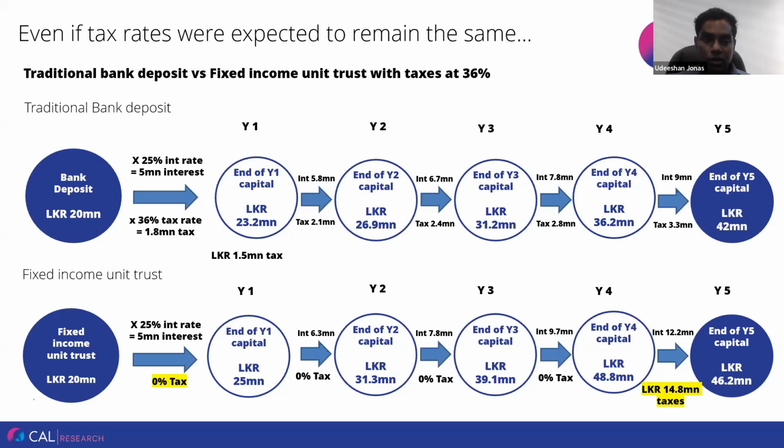So what we are doing is postponing the taxes, because taxes are only applicable when you realize the income from your investments, right? Even on a bank deposit, if you go for a longer-term FD, for example a 5-year FD, the interest comes at maturity, so you only have to pay tax at that particular time.